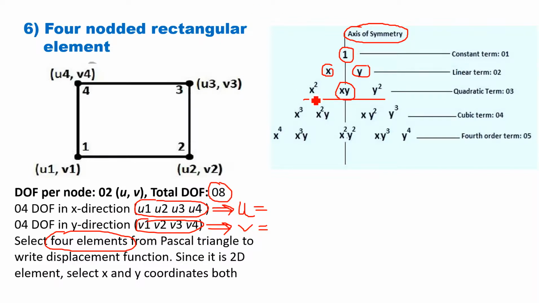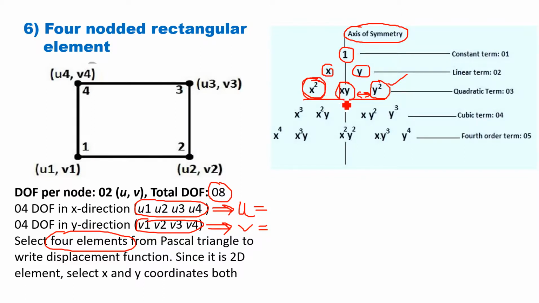Which means if you select x square as the 4th element, the right part of the triangle will have more elements, that is x, y and y square. If you select y square as the 4th element, then the left part of the Pascal triangle will have more elements.